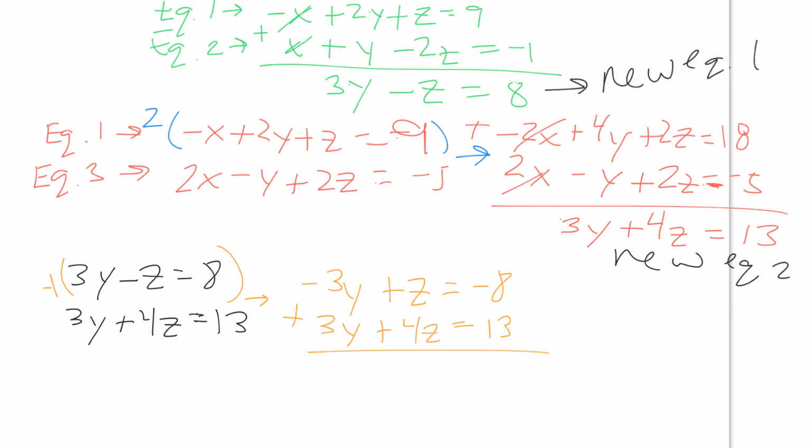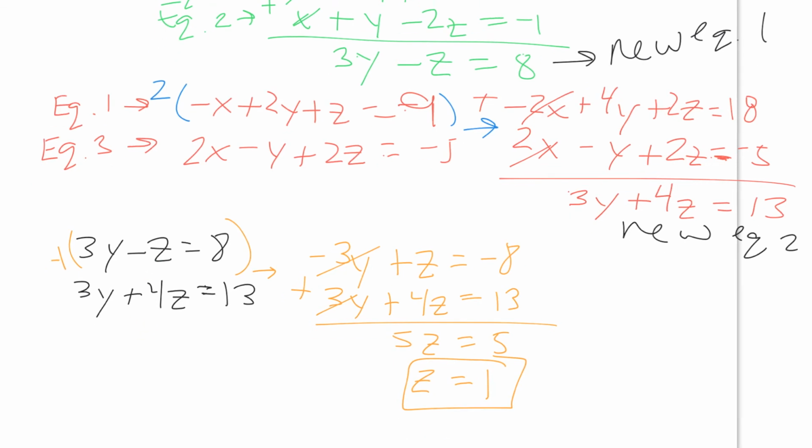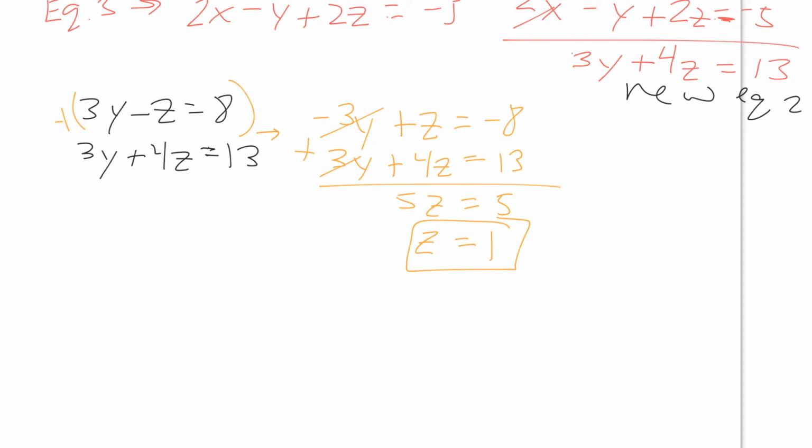Now if I add these two together, my y's will cancel out, and I get 5z equal to 5. If I divide both sides by 5, I end up with z equal to 1. Now if I know z is equal to 1, then all I need to do is plug that back in to either one of these two new equations. So I'm just going to plug it into this bottom one here. My z is 1.